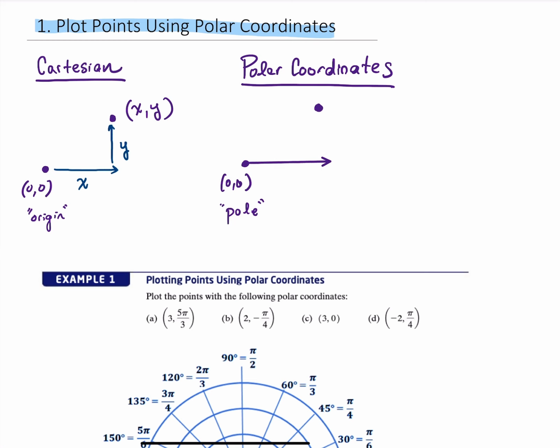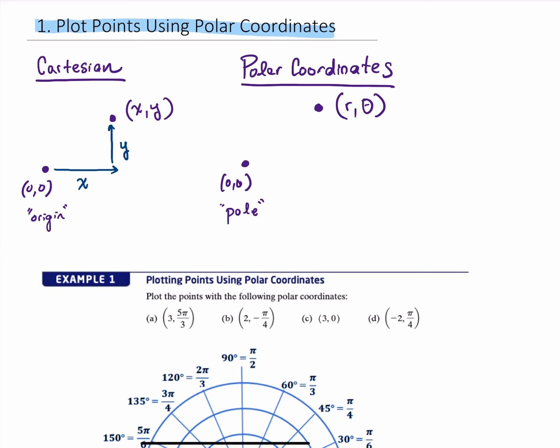And then from this distance, we rotate some given angle, which we can call theta. We can imagine some circle with a radius r, and then we can rotate along that circle until we reach the particular point that we want to arrive at. So in terms of the coordinate point, instead of x, y, it's given as r, theta.